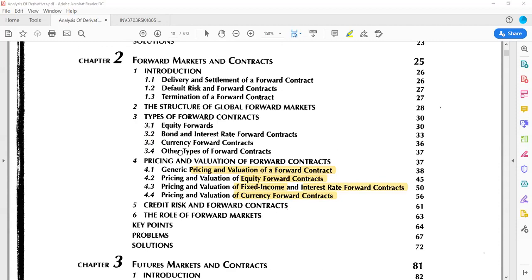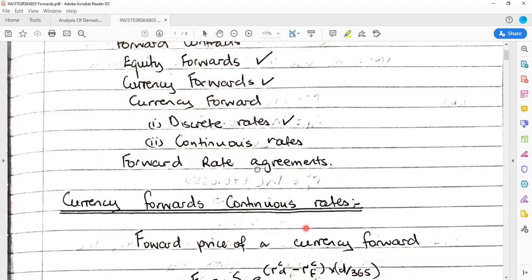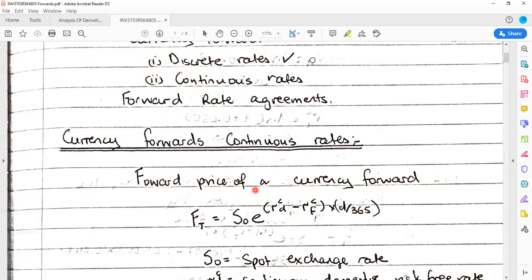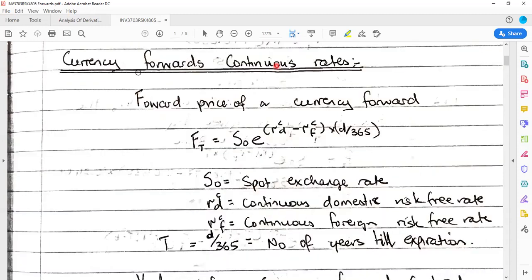But before I look at forward rate agreements, interest rate forward contracts, I just want to briefly look at an example involving a currency forward contract where we have continuous rates. Remember, we said that for calculating the forward price of an equity or a currency, you can have discrete risk-free rates and you can have continuous risk-free rates.